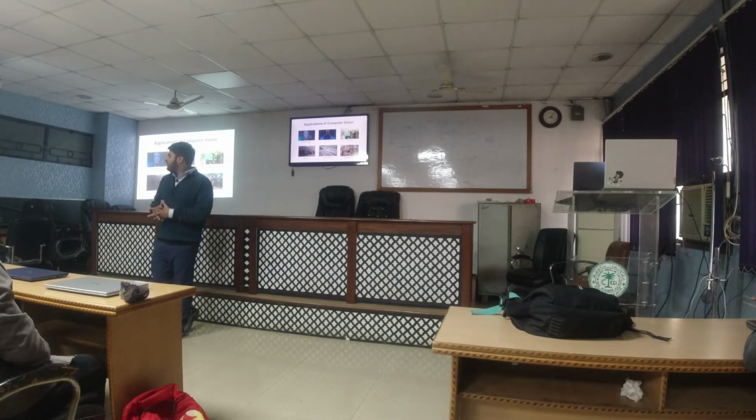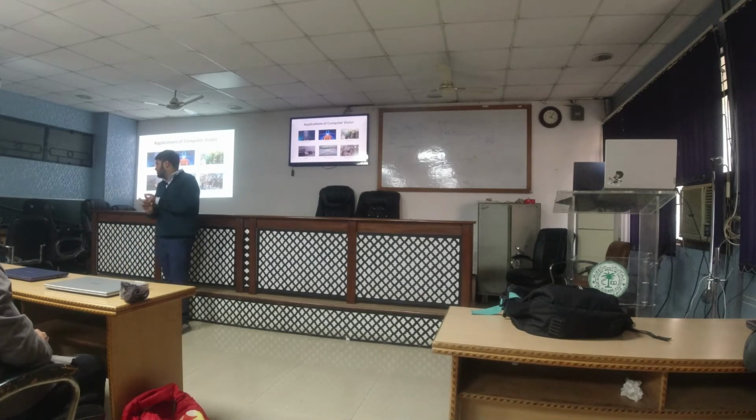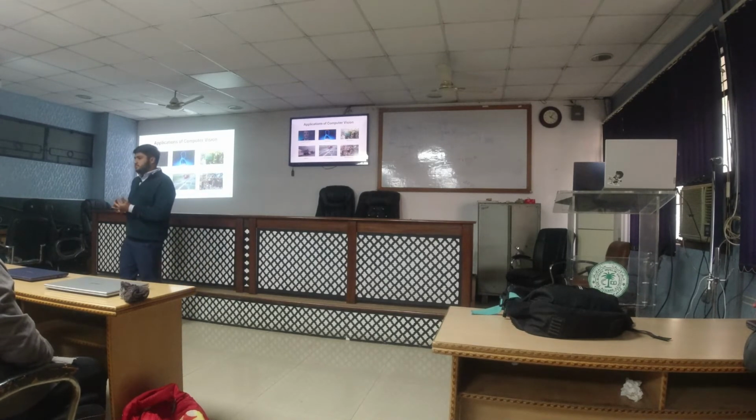AI has surpassed them by detecting minor or major fractures that were overlooked by radiologists and pathologists. So in healthcare also, it is working very well.